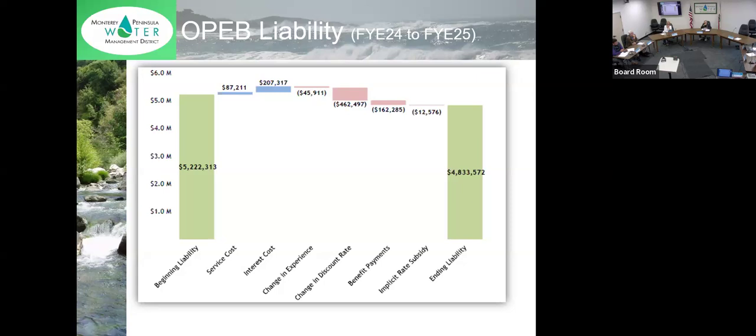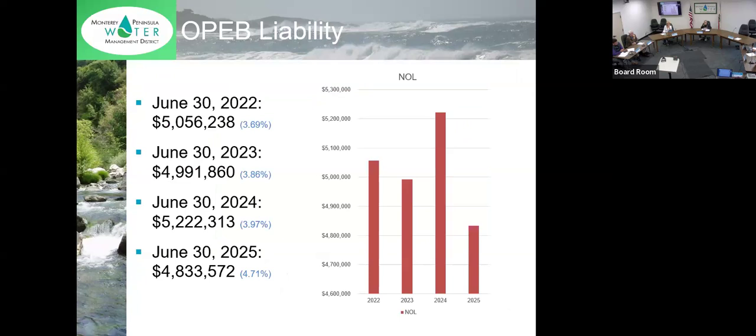So that's what happened. The discount rate increased to 4.7 from 3 point something, and the liability reduced. But as you will see over the years, the liability has stayed in the 5 million range. This is the liability in the last 4 years. And that's because we don't have any assets against this liability. We just have this government bond rate, which doesn't fluctuate much. So the liability doesn't fluctuate much.